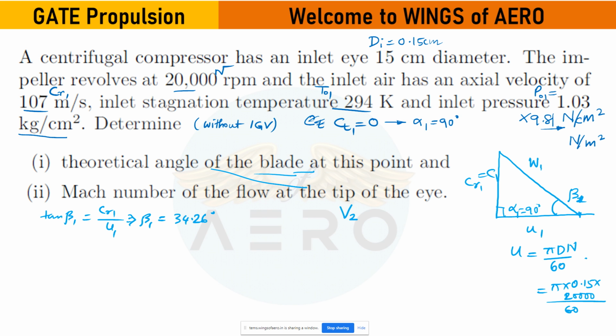Am I right? So once you know V2, then M2 equals V2 by A2. How can you find A2 once you know it? Root over gamma R T2.